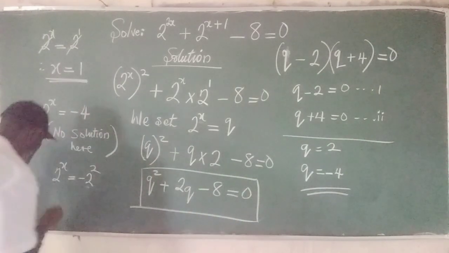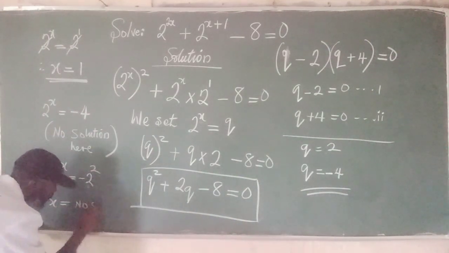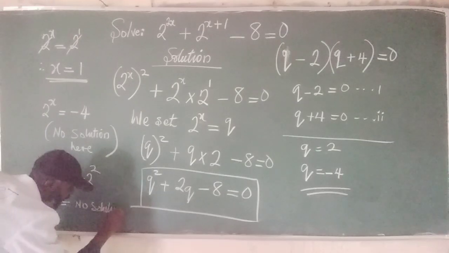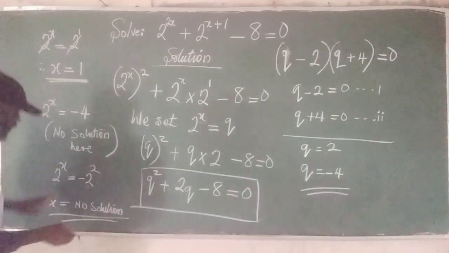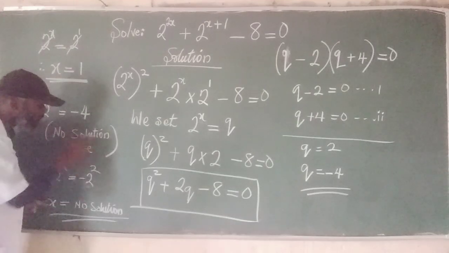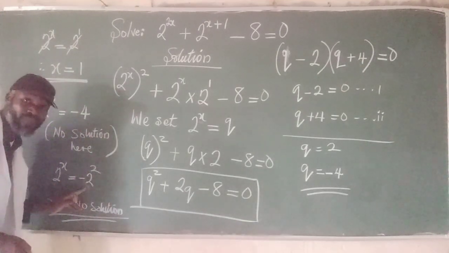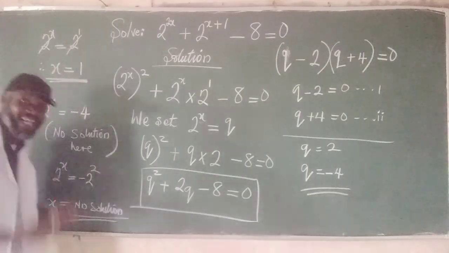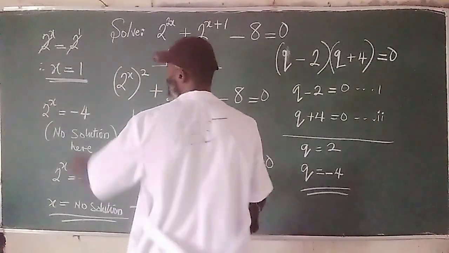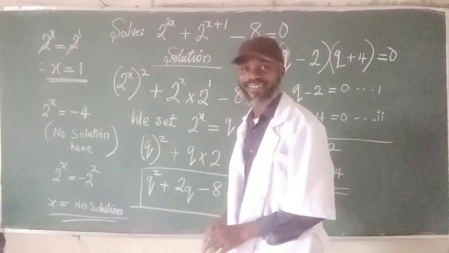Here we say, at this point, X, no solution. And that is okay. By this reason, or by this simplification, there is no solution here, because the base here is minus 2 and the base here is plus. They cannot cancel out. That is why there is no solution.